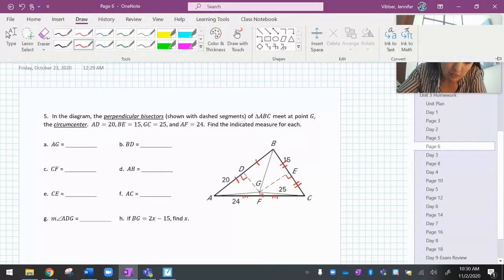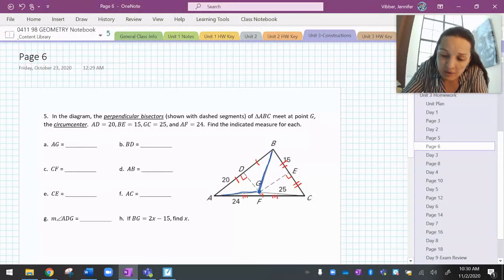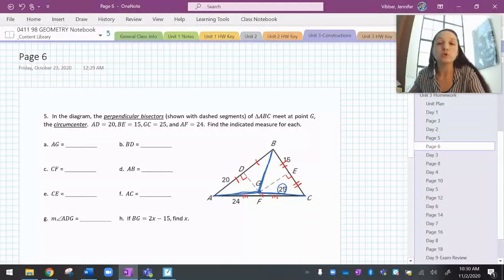And if this is a circumcenter, pardon the beep, if this is a circumcenter, that means the distance from G to any vertex is going to be the same. So these 3 blue lines all have the same length, which is 25.